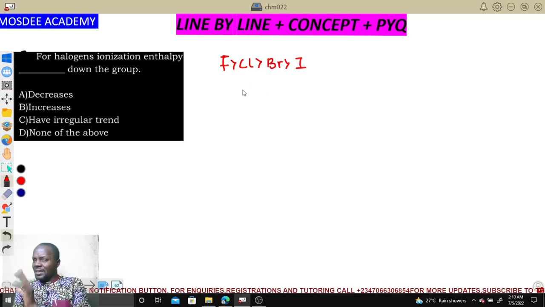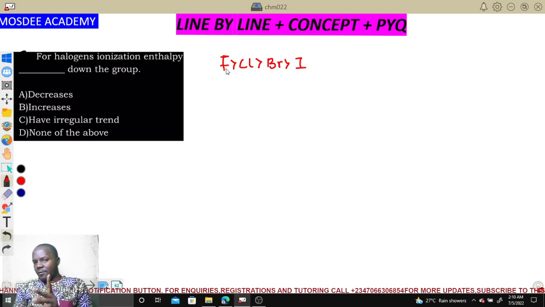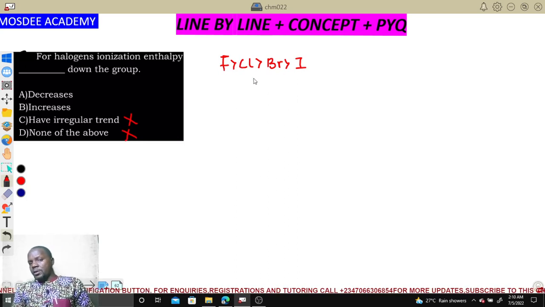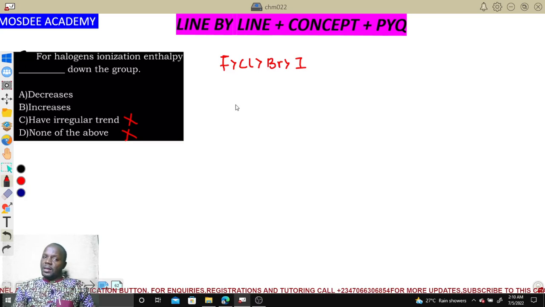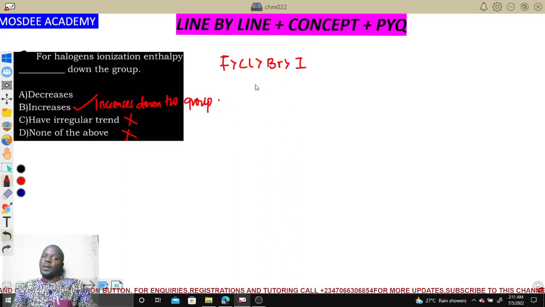You have to keep all these things in mind and follow me line by line. It's not a regular trend, they have a particular trend: fluorine is greater than chlorine, chlorine greater than bromine, bromine greater than iodine. As you are going down, they also change down the group, just like the way we talked about in type of size too. So it's the same thing that you follow.